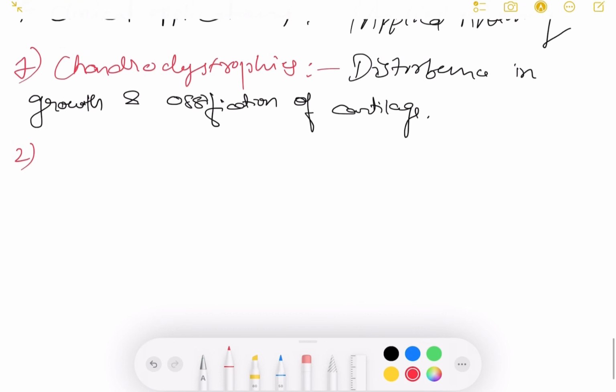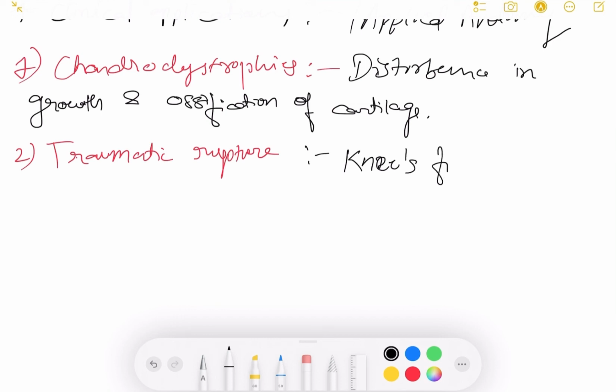Second one, traumatic rupture. What is traumatic rupture? The knee fibrocartilage, that is menisci, as we have seen, is affected.